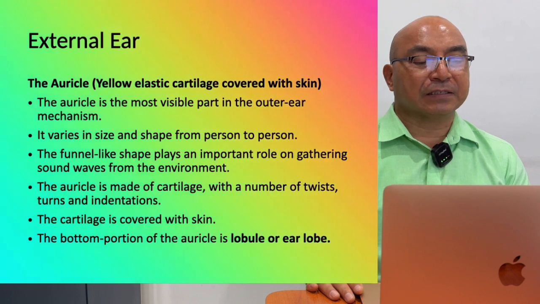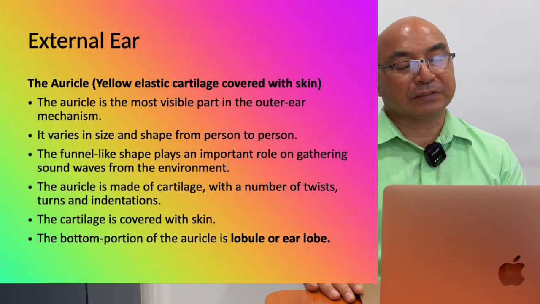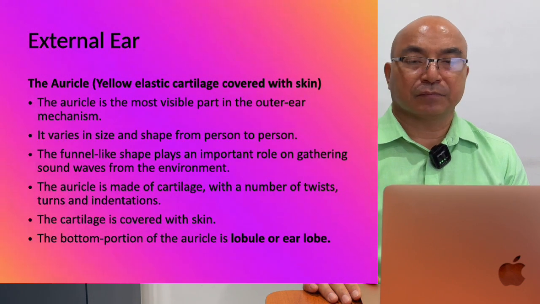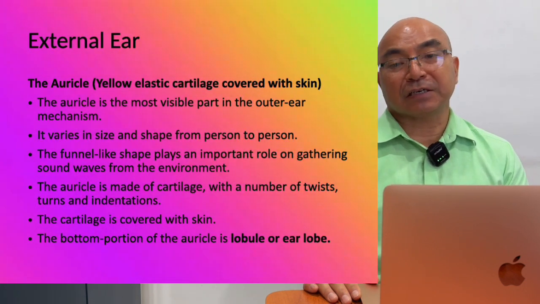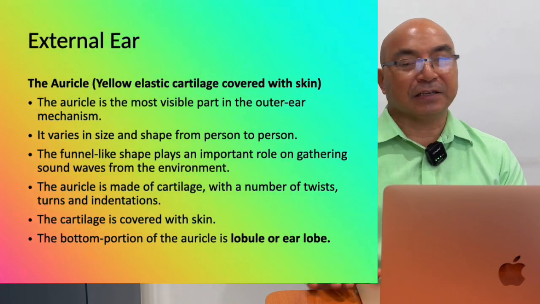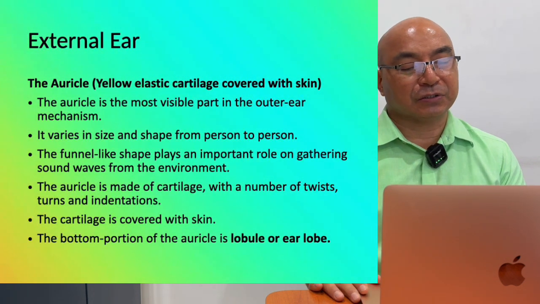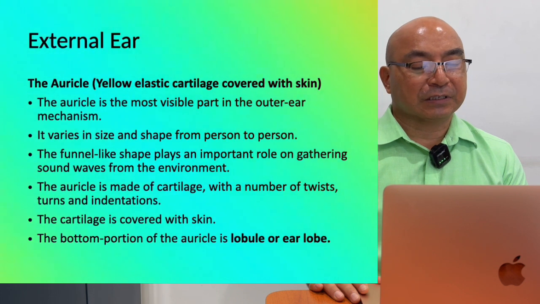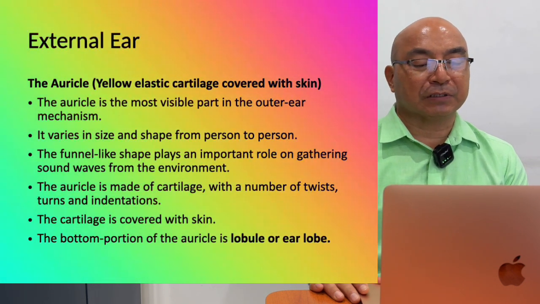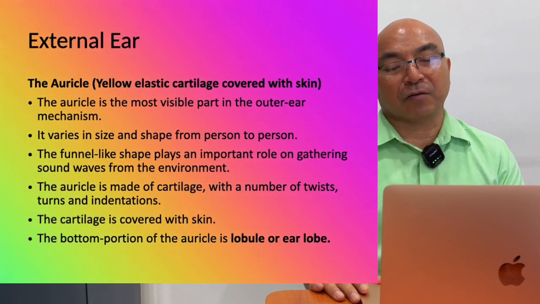The funnel-like shape plays an important role in gathering sound waves from the environment. The auricle is made of cartilage with a number of twists, turns, and indentations that I have just described. The cartilage is covered with skin. The bottom portion of the auricle is the lobule or ear lobe.